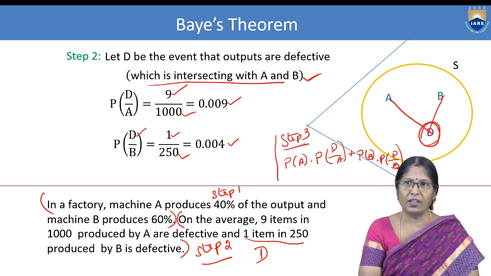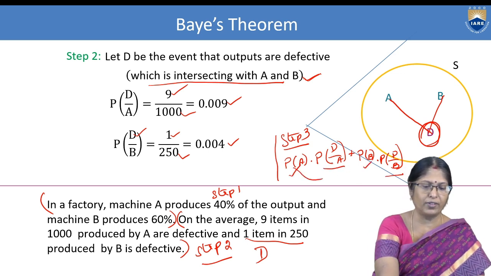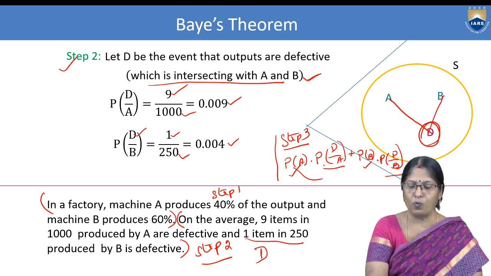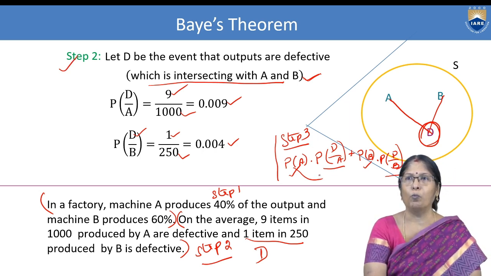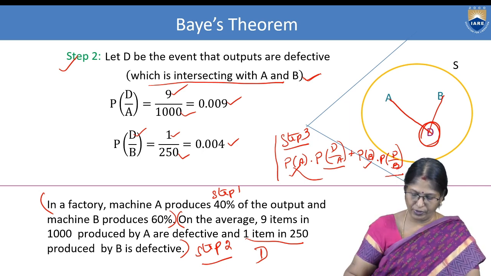These two are step 1, and this is step 2. Step 3 is step 1 into step 2. Both we are multiplying and adding. We will see it now.